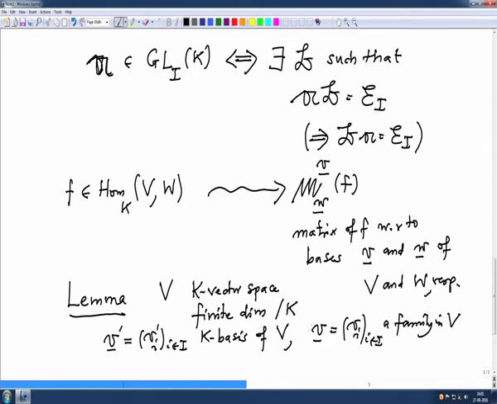So the cardinality of I is the cardinality of the basis, and it is the dimension.